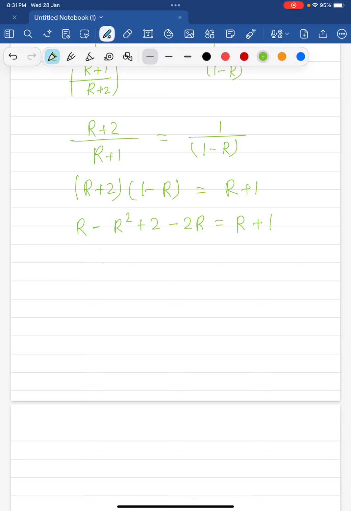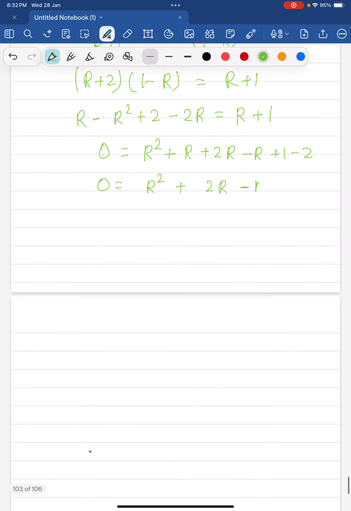So if we take all the terms to the RHS, then 0 is equal to R square plus 2R plus R minus R plus 1 minus 2. So 0 will be equal to R square plus 2R minus 1.